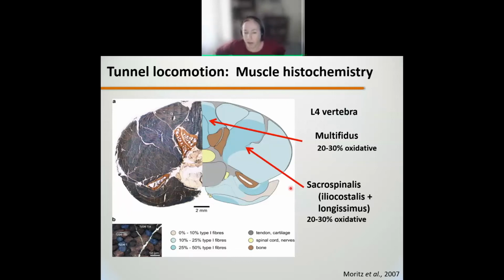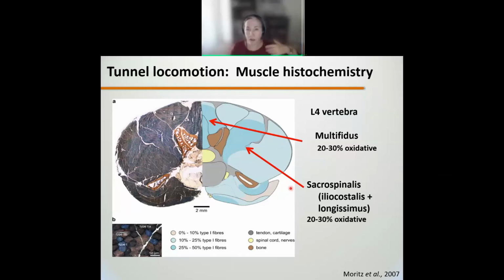So what she found is that these particular muscle groups had a higher proportion of oxidative fibers than they did fast or glycolytic fibers. This meant that they should be more efficient, and we would also expect muscles with a higher proportion of oxidative fibers to be active tonically over an entire stride cycle.